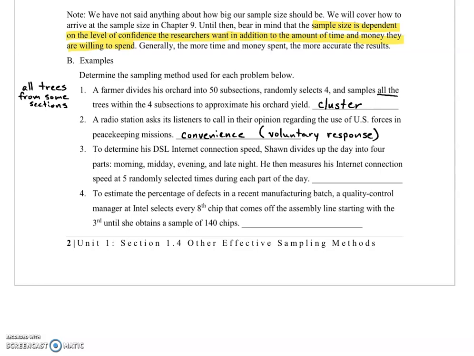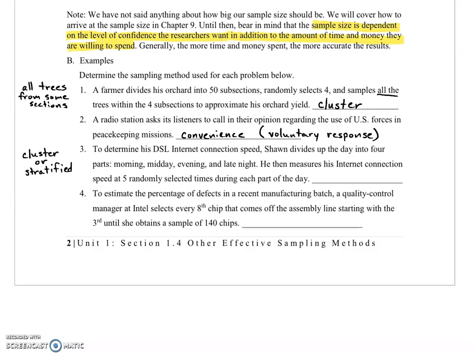So to determine his DSL internet connection speed, Sean divides the day into 4 parts: morning, midday, evening, and late night. Then he measures his connection speed at 5 randomly selected times during each part of the day. So we divided something up, so you should immediately think, okay, this one's either cluster or stratified. How do we decide which?